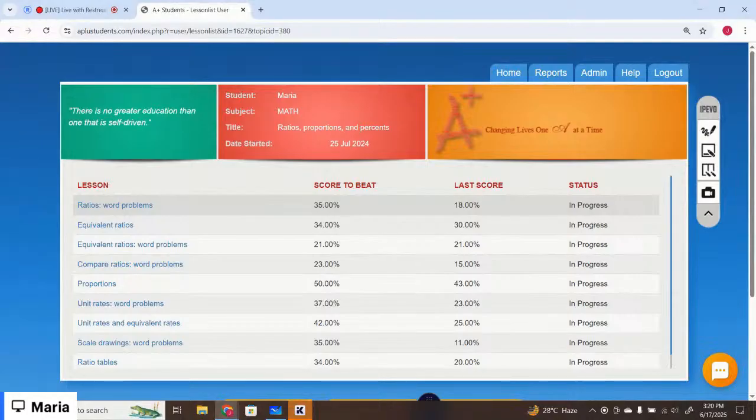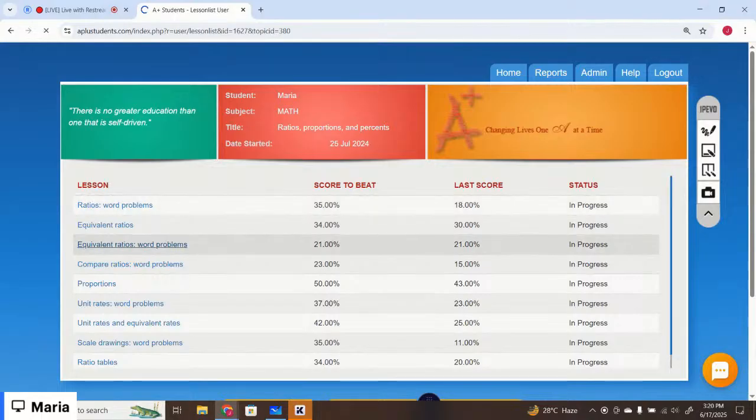The next lesson is equivalent ratios word problems. So let's just start with the lesson.